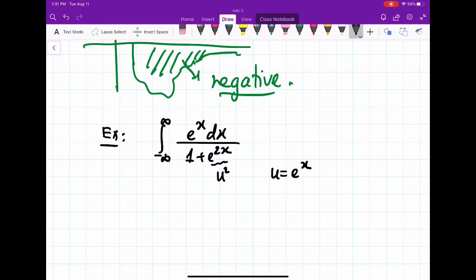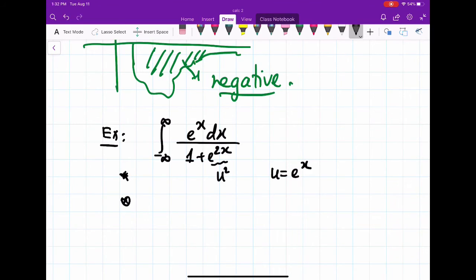The second thing is, of course, you need to see if the integral converges or diverges. So how do you think about that? I think that it converges. Why? Because you have e to the x on the top, but in the bottom you have e to 2x. You know that exponential functions approach infinity very fast, and you have a square in the denominator.